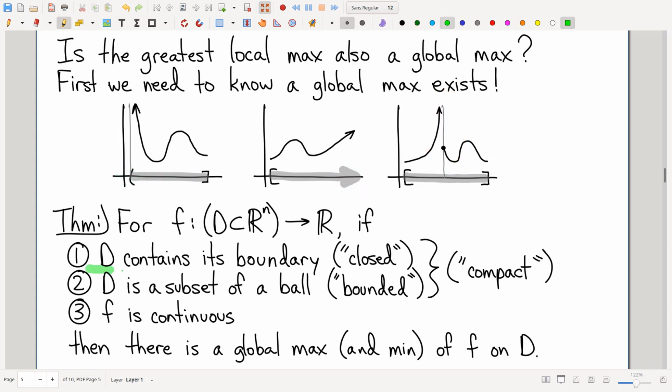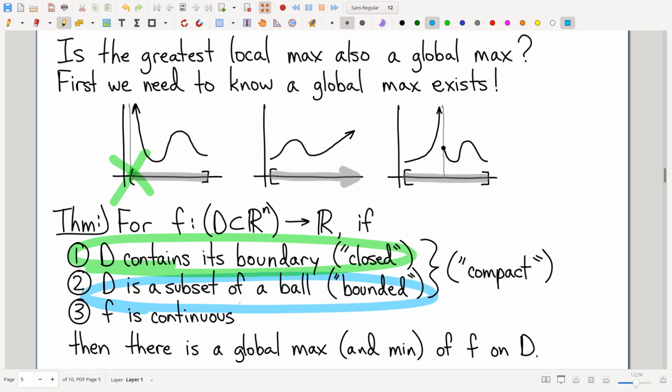If your domain is closed, in other words, if it contains all of its boundary points, so that nonsense doesn't happen, if your domain is bounded, namely if you can put it in a box, if it doesn't extend infinitely in any direction, in other words, none of this nonsense, right? And likewise, if your function is continuous.